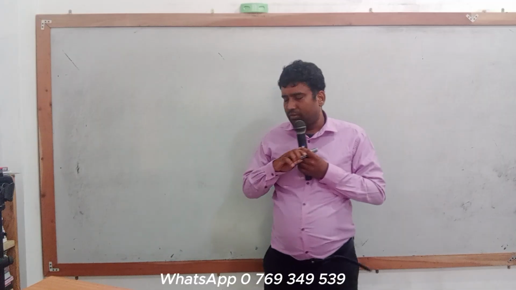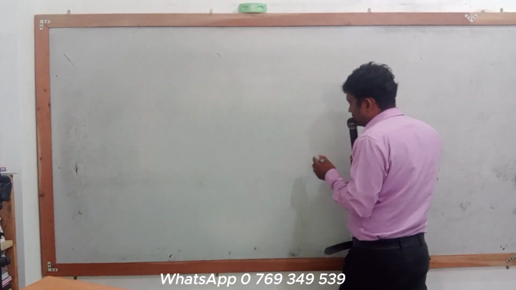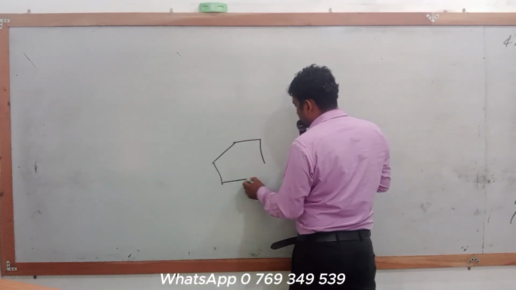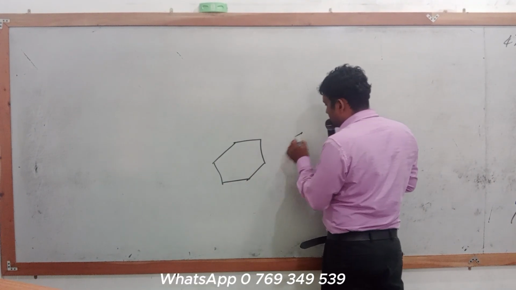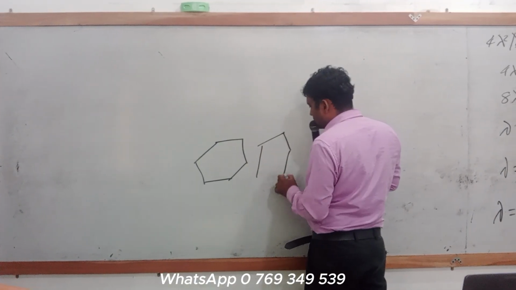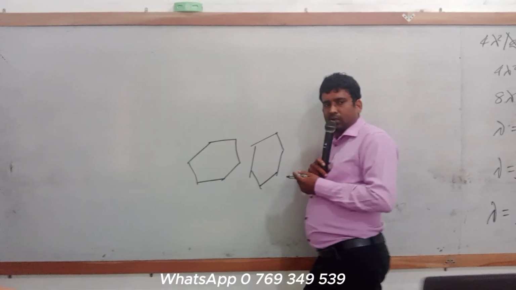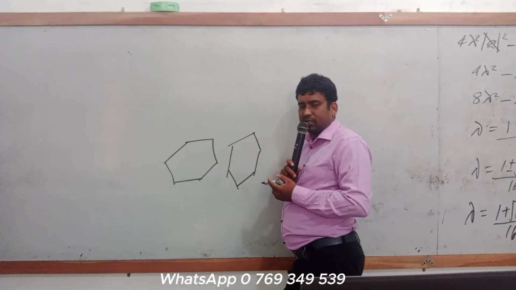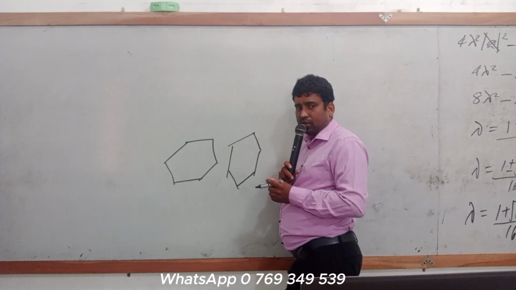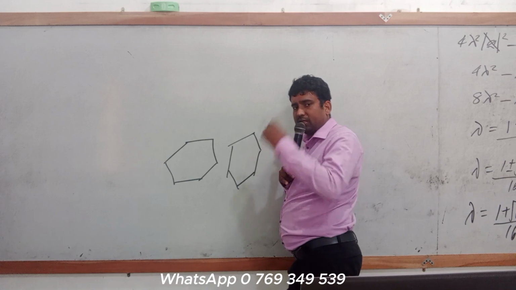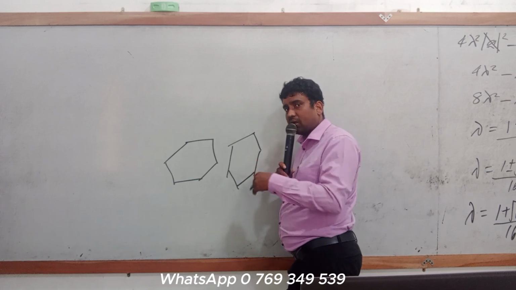How to draw? We can draw the hexagon in two ways. One is like this, another one is like this. Now we have to sketch it like this. The midpoint of DE should be upside, no? OH is upside.